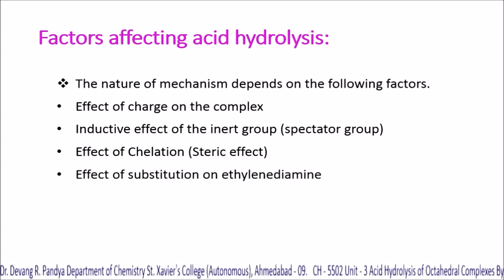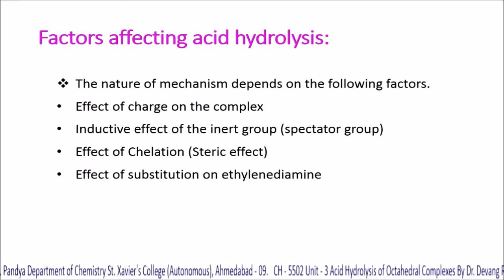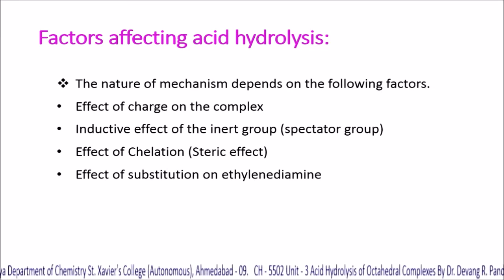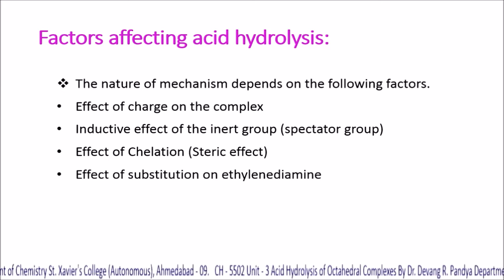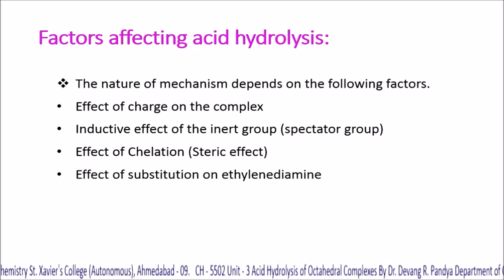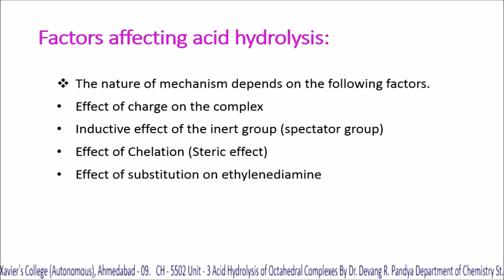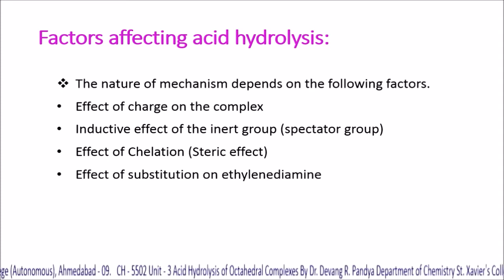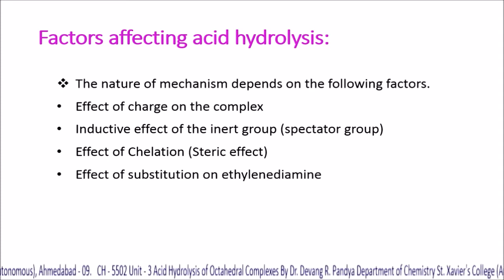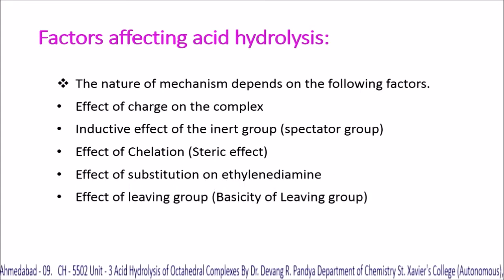Another factor is the effect of substitution on ethylenediamine. After chelation, if we have a chelating agent like ethylenediamine, and the hydrogens of the ethylene group are substituted by more functional groups, making the ethylenediamine a bulkier substituted group, then the rate of reaction may get altered in the mechanism of this acid hydrolysis.